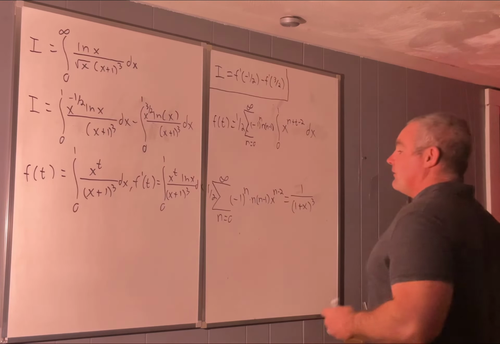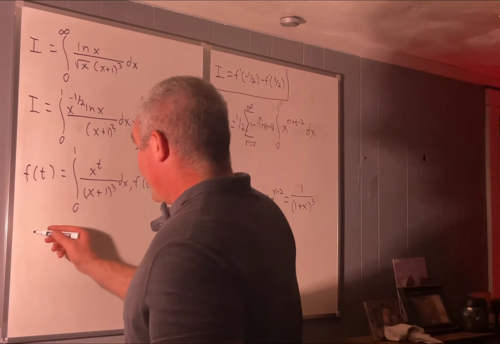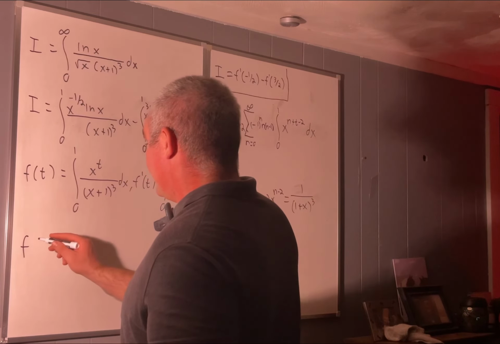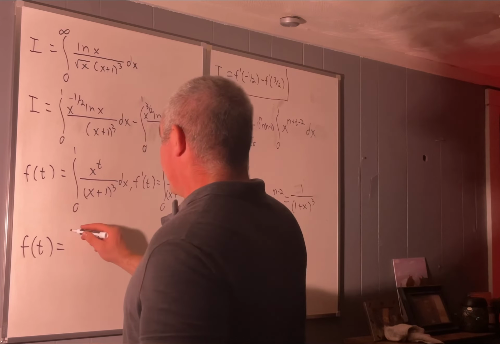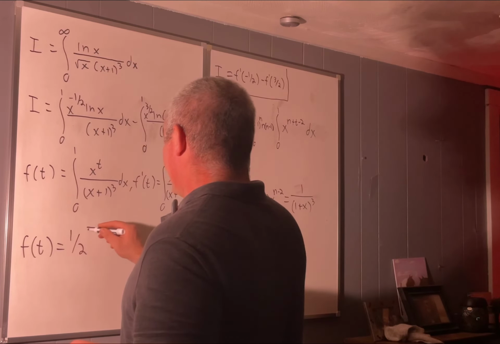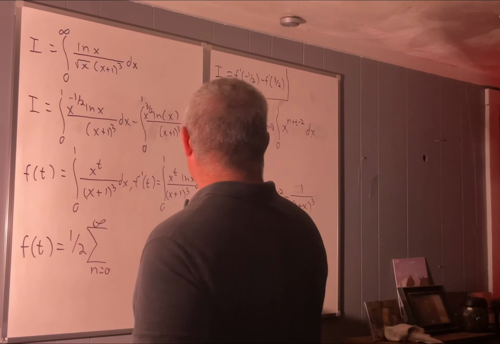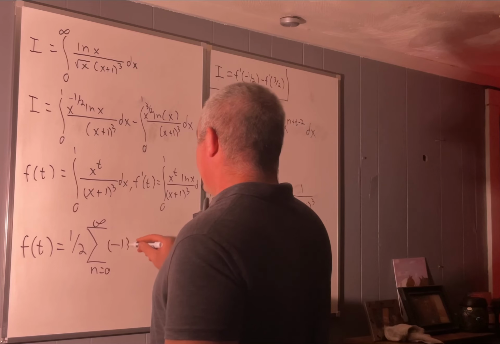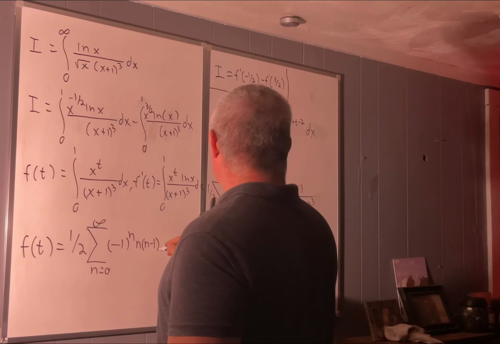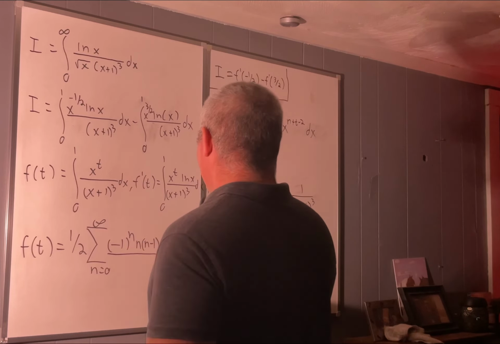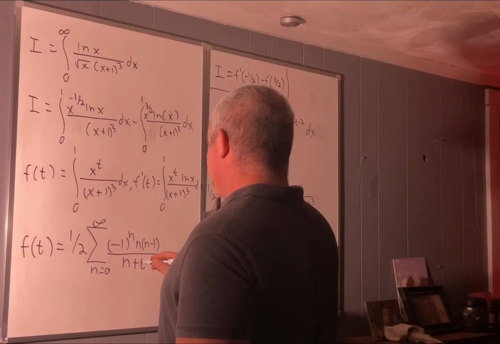So finally, we can say that our f of t is equal to 1/2 the sum from n equals 0 to infinity of negative 1 to the n times n minus 1 over n plus t minus 1.